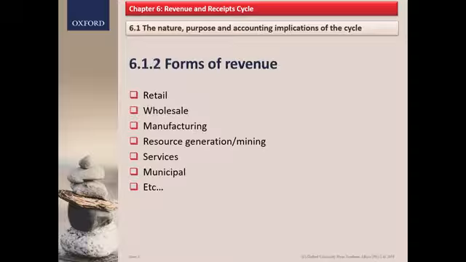Your manufacturing entity will be selling their products to wholesalers or retailers directly, so they earn revenue for doing that. Your mining company will be selling minerals to whoever is interested in minerals, your minters or your jewelers.